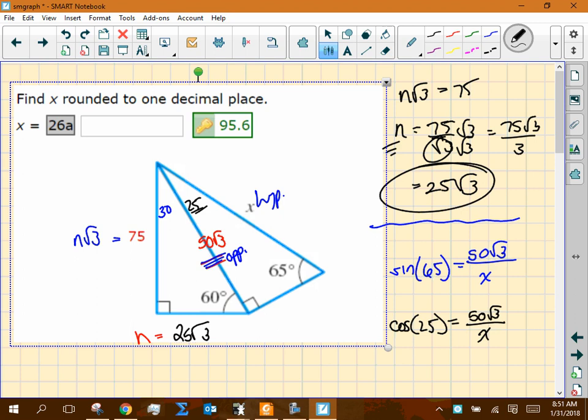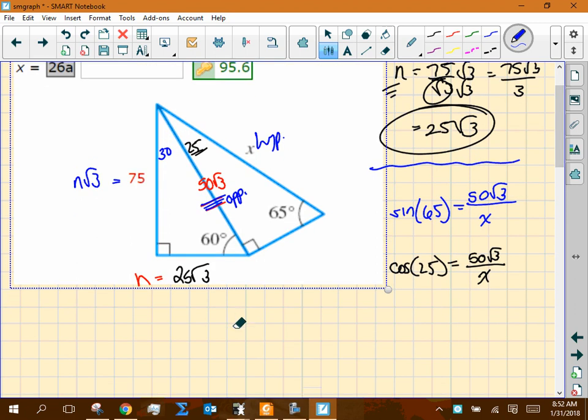Okay? So we could go through here and evaluate this either way. Obviously, if you remember from geometry, we'll go through a little bit of algebra. Don't those two things just switch spots? Okay? So if I wanted the exact answer, we would have x equal to 50 root 3 over sine of 65, or x is equal to 50 root 3 over cosine of 25.